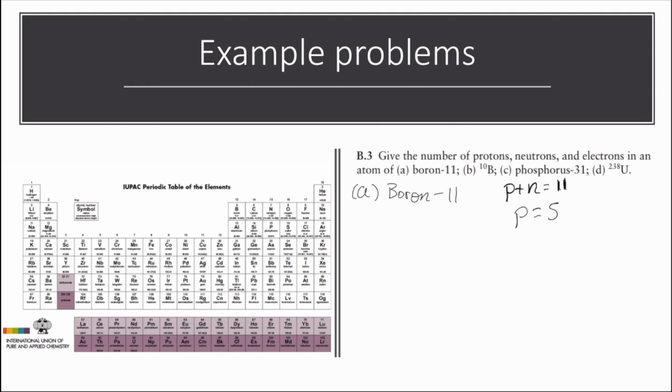That is 5. So if there is 5 protons, that means that there must be 6 neutrons, because protons plus neutrons equals 11 for this case. Okay, now we remember that there must be equal number of electrons and protons for it to be neutral. So boron 11 has 5 protons, 5 electrons, and 6 neutrons.